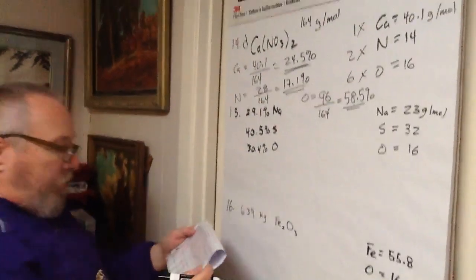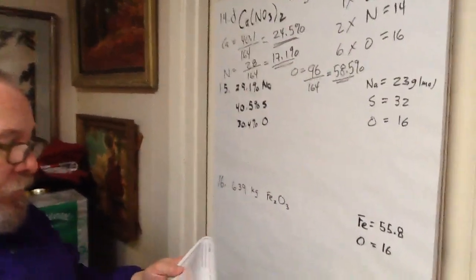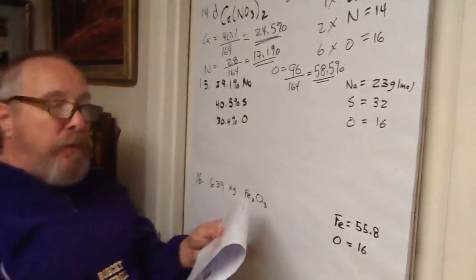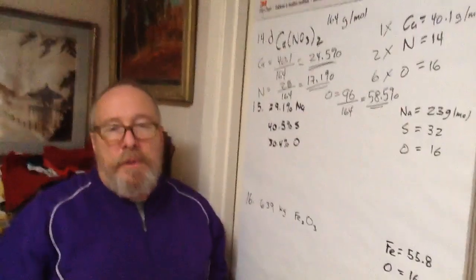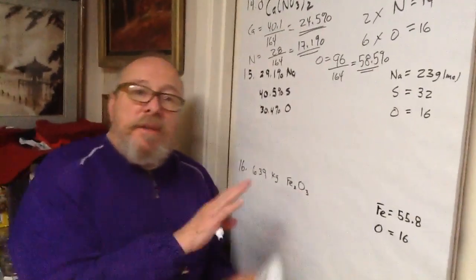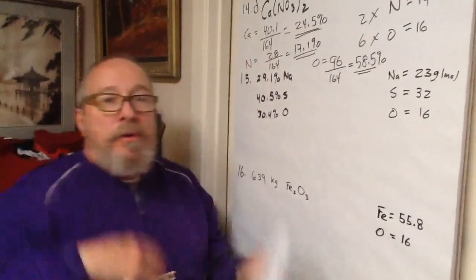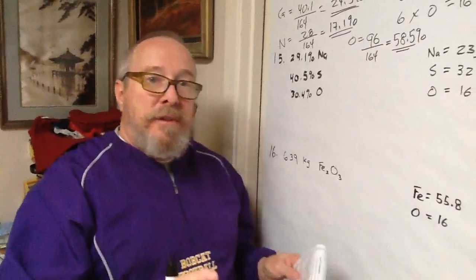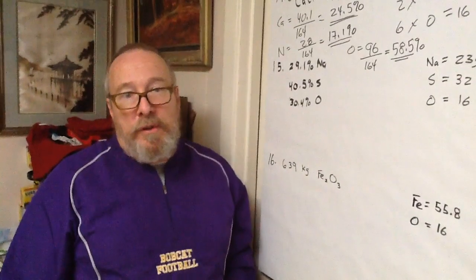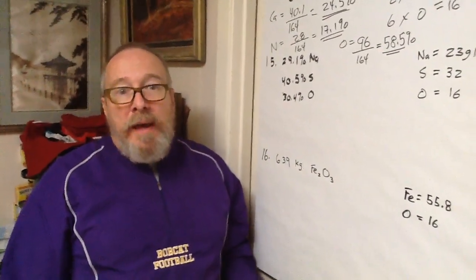Okay. Number 15 asks, determine the empirical formula of a compound with the percent composition. So all we're doing is working backwards. Instead of giving you the formula and having you calculate the percentages, they're giving you the percentages and asking you to determine the formula as best we can.